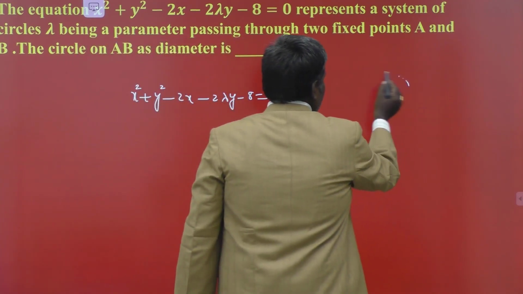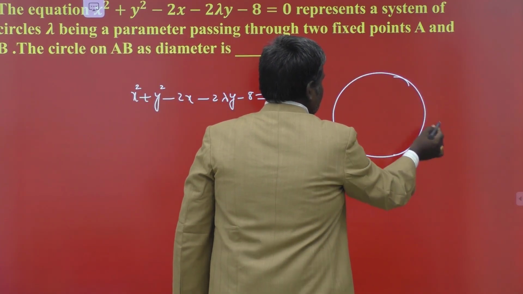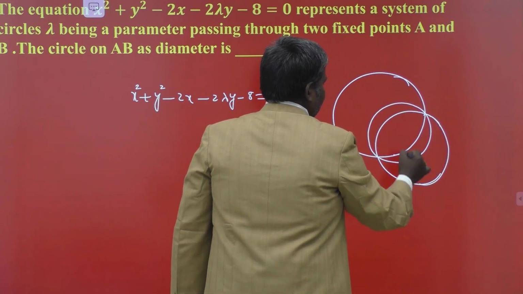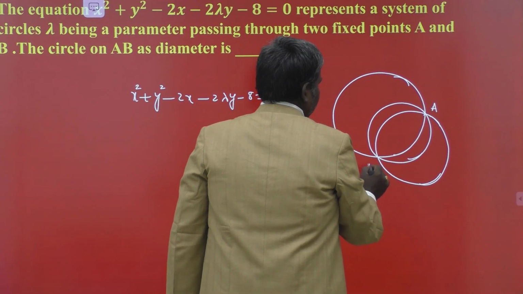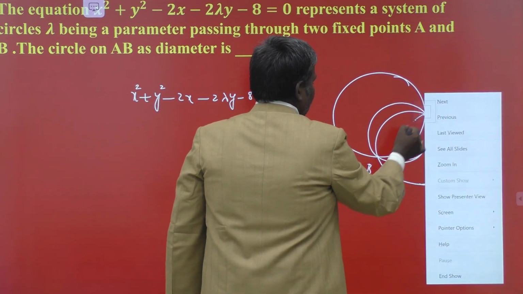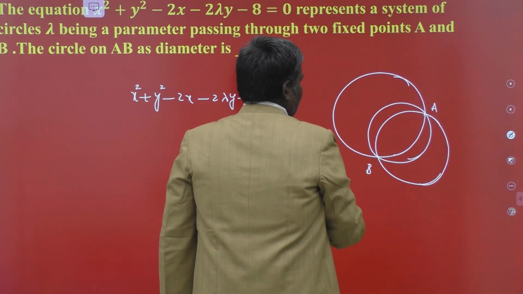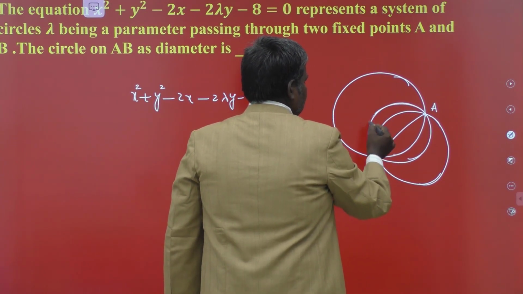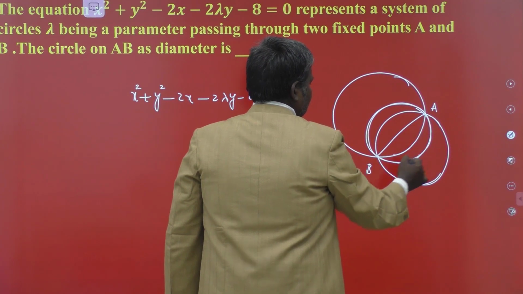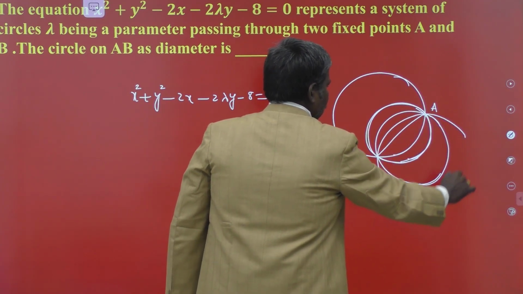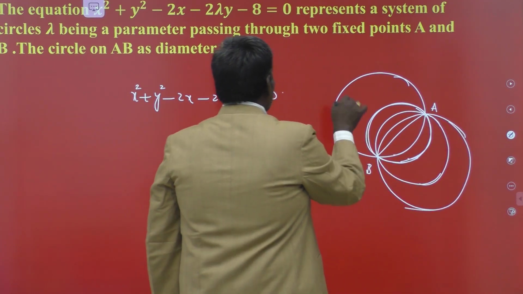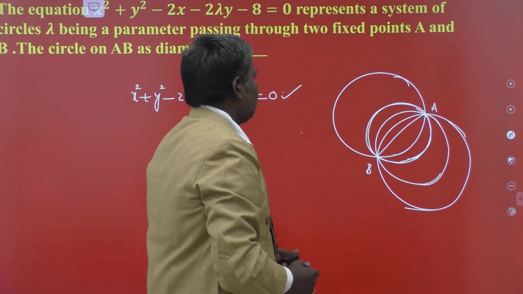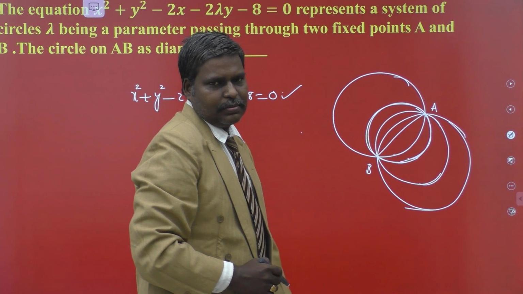That means there are infinite numbers of circles like this, all meeting at the points A and B. Suppose this is the circle on AB as diameter. We have infinite circles through A and B. This is the system of circles. We have to prepare the equation of the circle with AB as diameter.